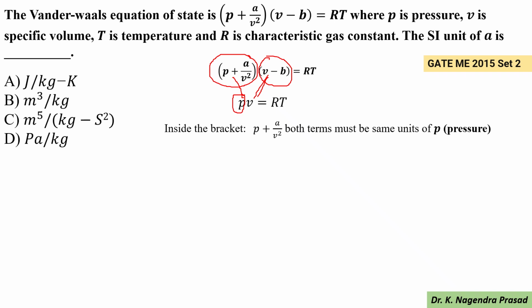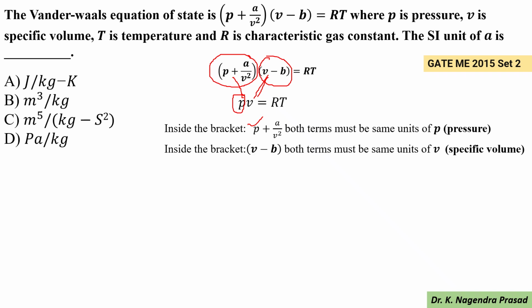Inside the bracket P plus a by v square, both the terms P as well as a by v square must have the same units of the pressure P. Similarly, inside the bracket v minus b, both terms must have the same units of the specific volume v.